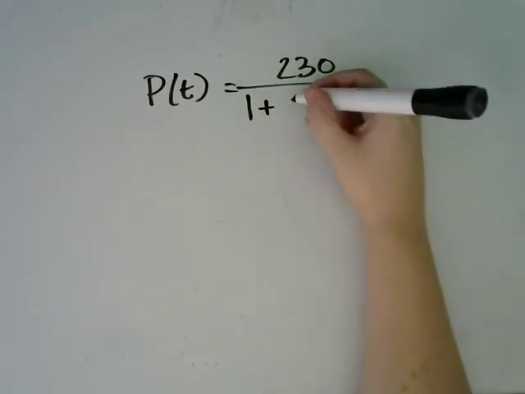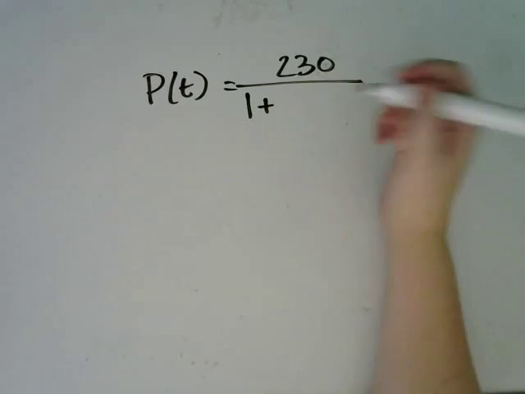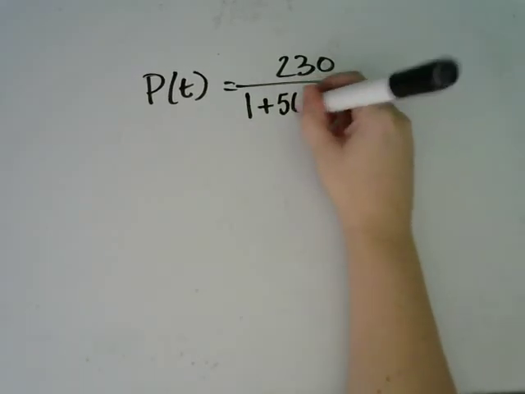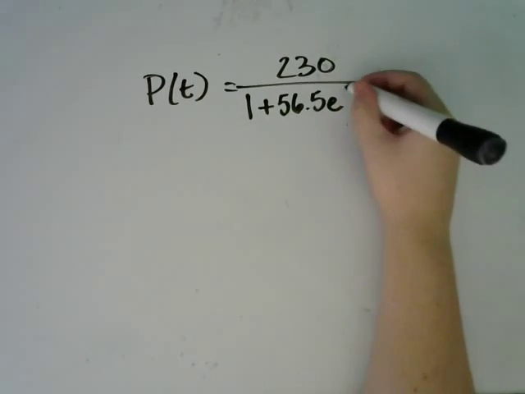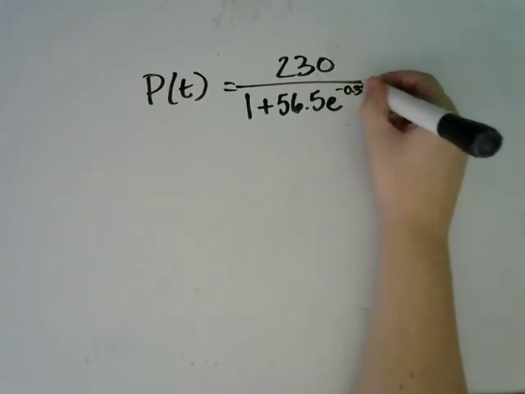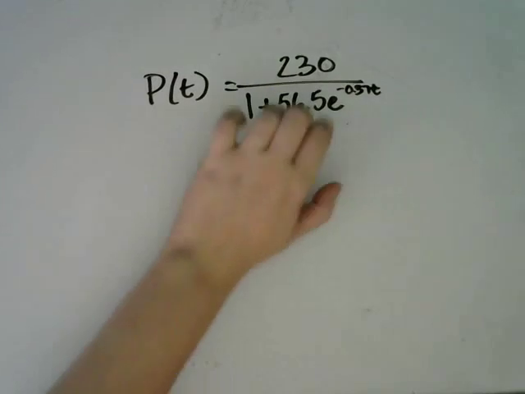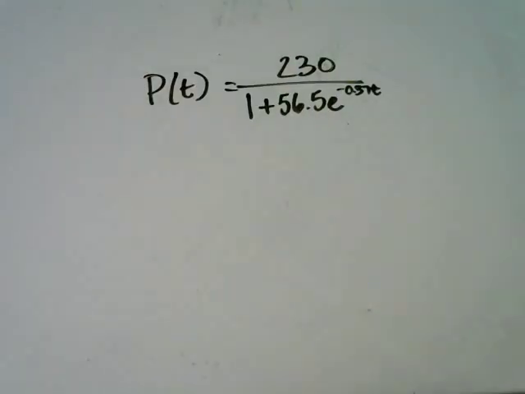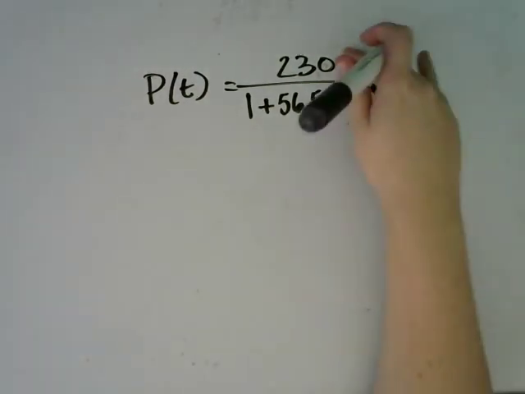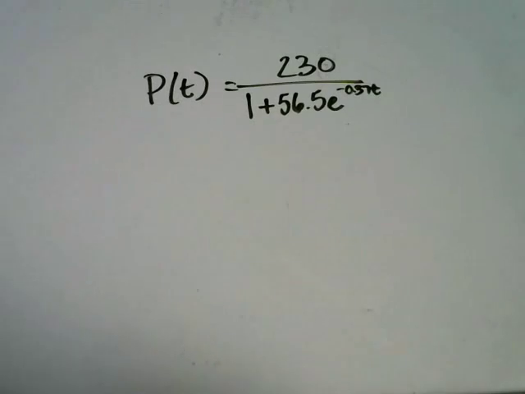So we have 1 plus a, which is some constant ratio or rate, 56.5, e to the, again, a constant decay rate here, and t. Normally this would be the initial value, but because this function has a lot more going on, we can't just assume that the initial value is 56.5. We can, however, assume that the carrying capacity is 230.